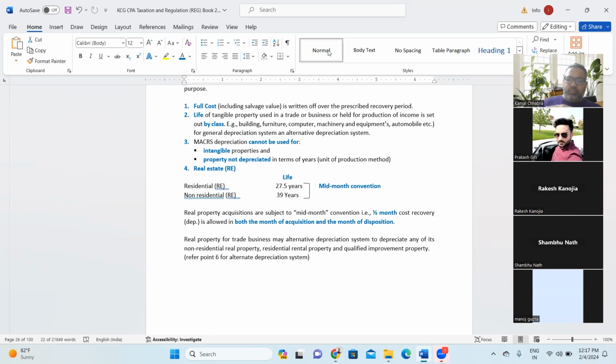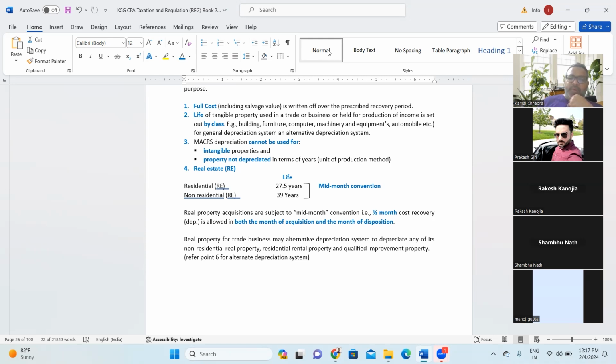So real property acquisitions are subject to mid-month convention, that is, half-month cost recovery is allowed in both the acquisition month and the month of disposition, meaning sales.